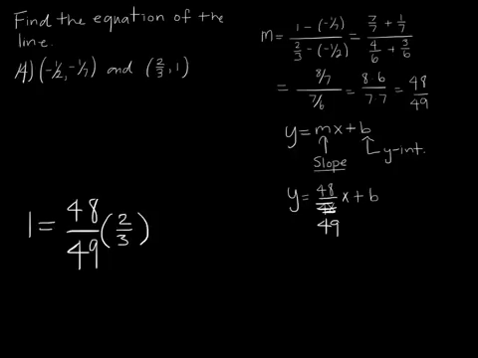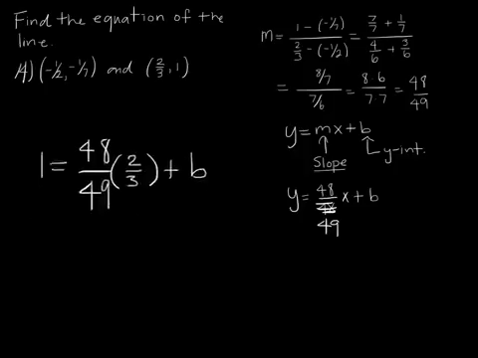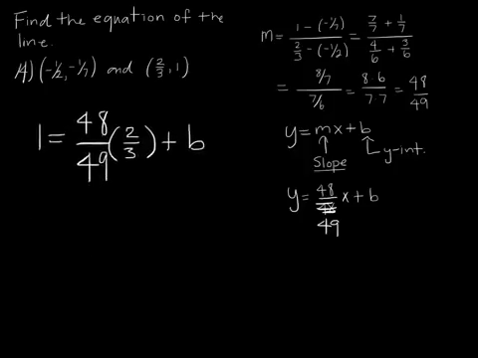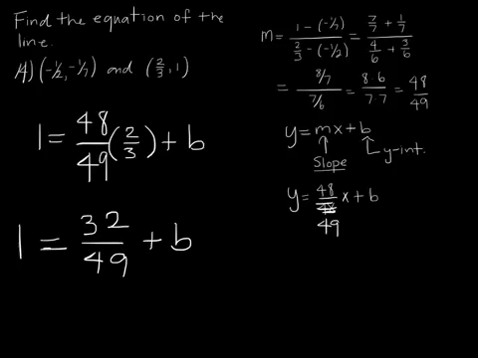And I'm going to need to add to that b, which is my unknown. So to do this, to find the b, all I have to do is solve this for b. So I get 1 equals 32 over 49 plus b.